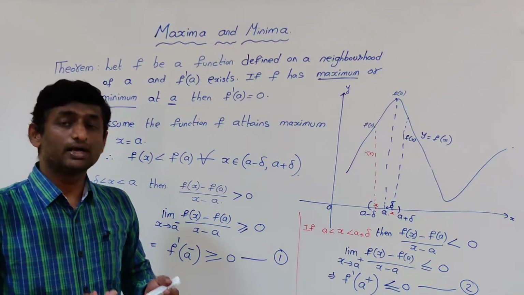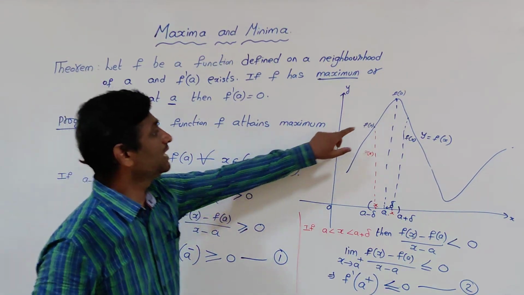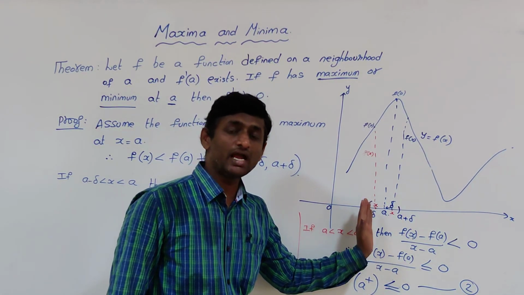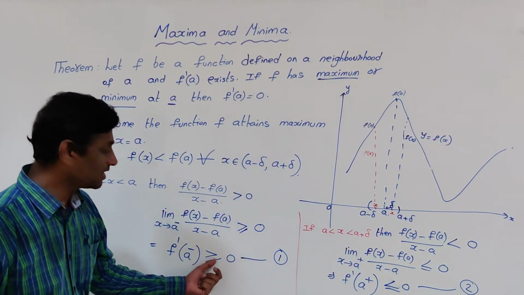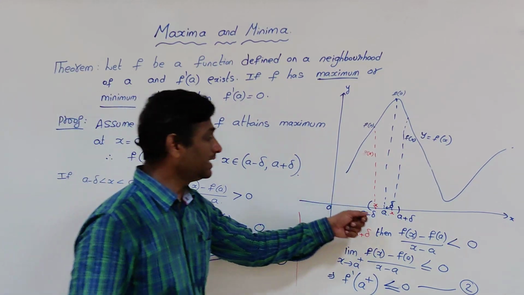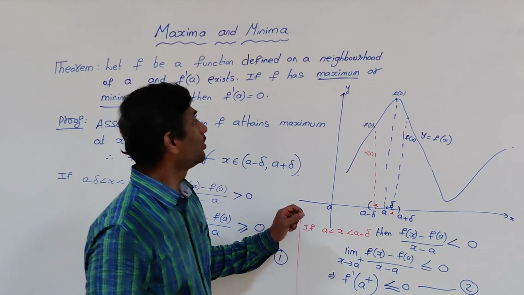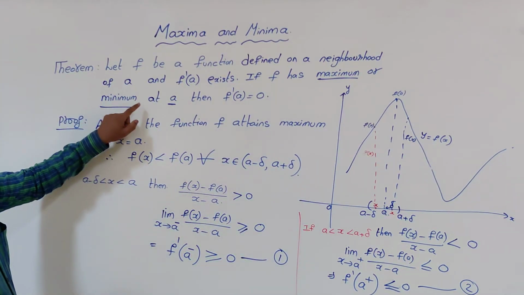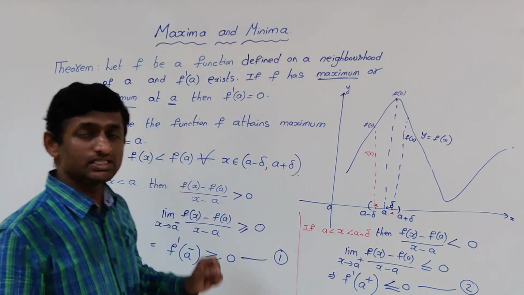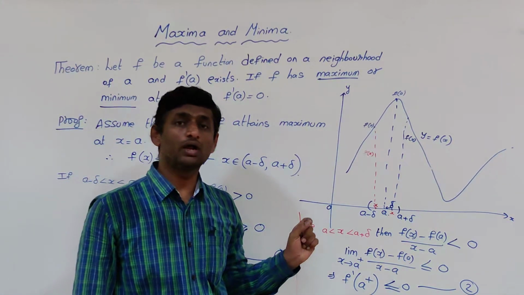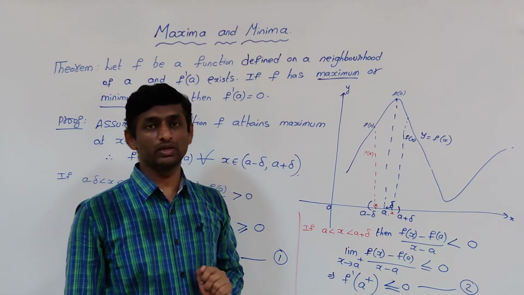So what we have assumed is, if the function attains a maximum at x is equal to a, the left hand derivative is greater than or equal to 0 and the right hand derivative is less than or equal to 0. And our condition is that f dash of a exists, which means the left hand derivative at a and the right hand derivative at a should both be equal.